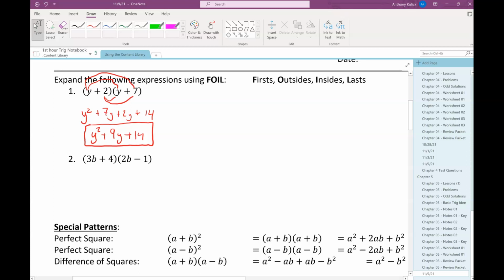We'll go through it in just a moment, okay? Just a minute or two. This should be pretty quick, these foiling ones.